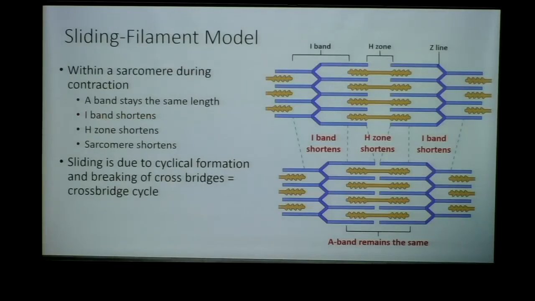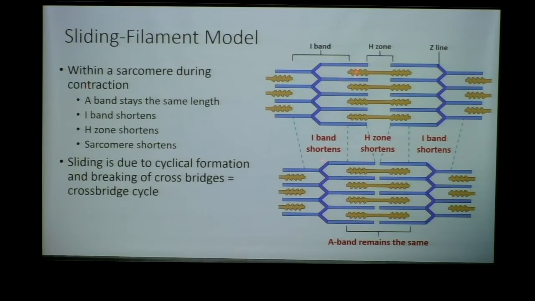Okay, so within a sarcomere, we'll talk about the events of what happens in the relaxed state and then in the contracted state. So think about this being muscle being relaxed, nice and stretched out, and then this is the state of muscle being contracted, when that entire muscle shortens. Now we know the A band stays the same in length. I mentioned this earlier.